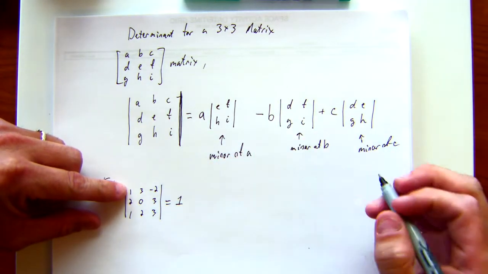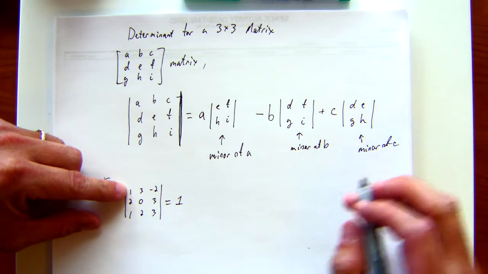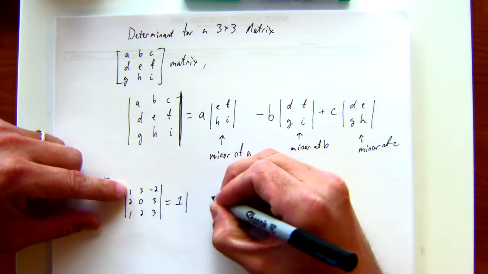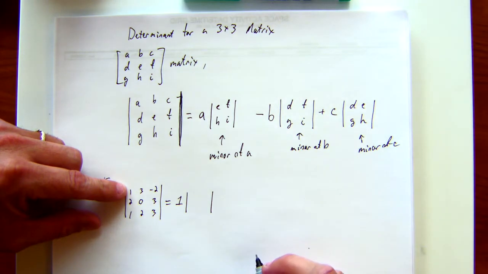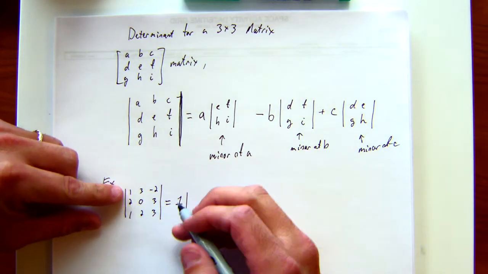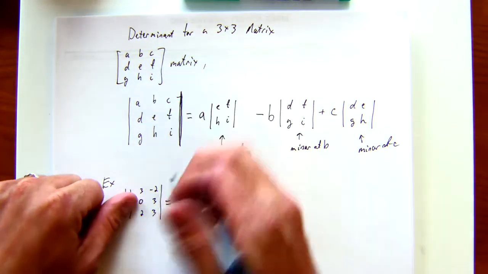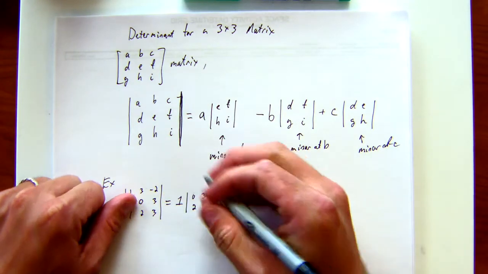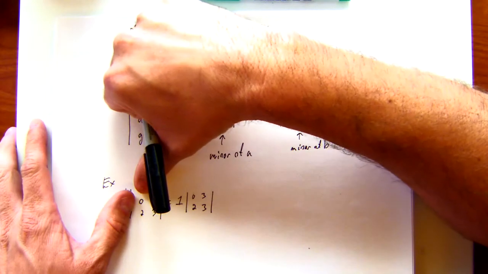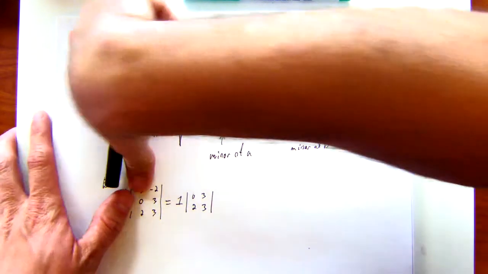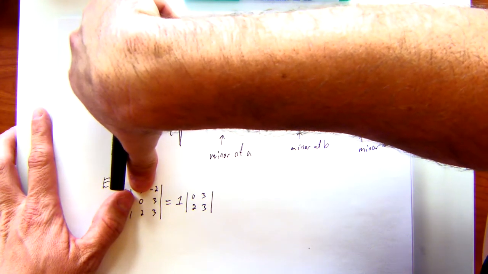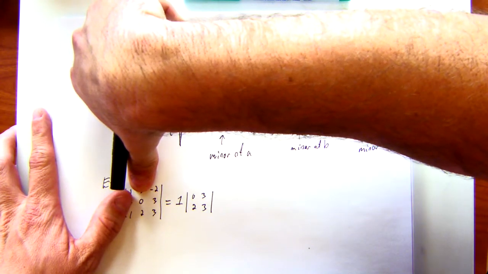I don't have to write that 1 down if I don't want to, but just to be clear here, 1 times, now what's the minor? So 0, 3, and then 2, 3. Can everyone see where that comes from? If you cover up the row and the column that the 1 is in, that's what's left.